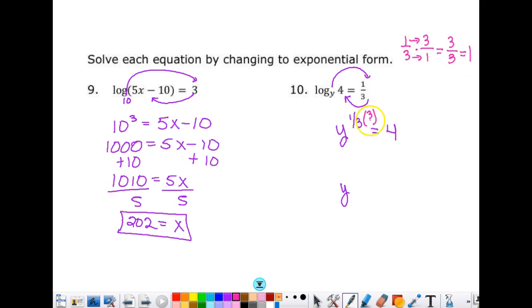But if I raise this to the power of 3, I've also got to raise this to the power of 3, right? What you do to one side of the equal sign, you have to do to the other side of the equal sign. So now I do have y equals 4 to the 3rd power. What's 4 to the 3rd power? What's 4 times 4 times 4? 64.